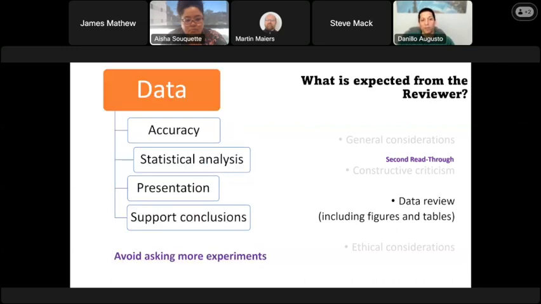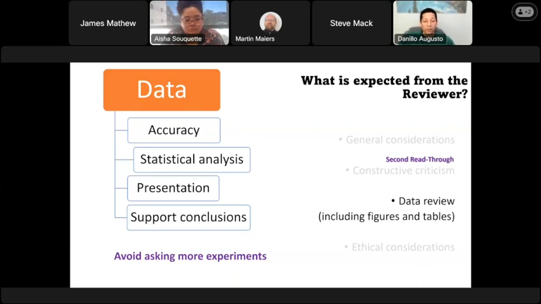In terms of data, we also expect the reviewer to give us feedback about the accuracy of the data, if the statistical analysis that has been used for that paper is robust, if it's the correct approach of analysis, are the data well presented?